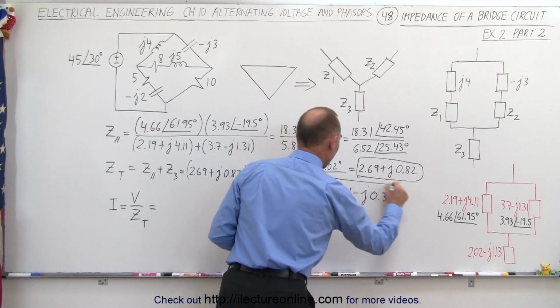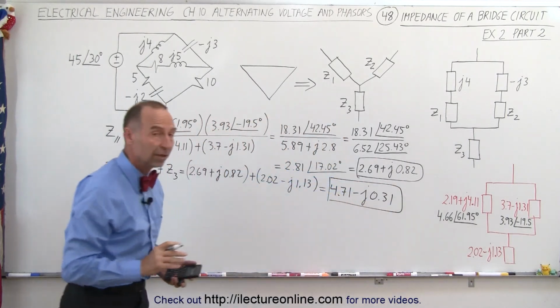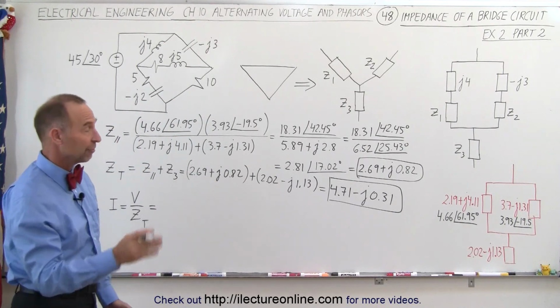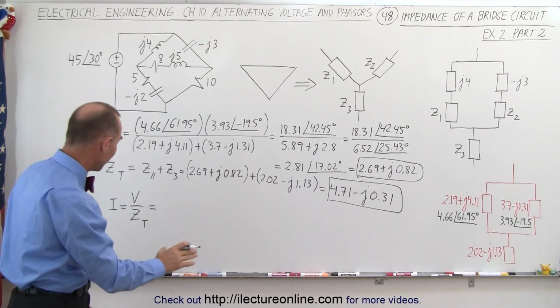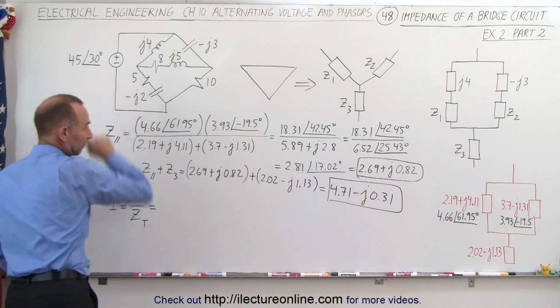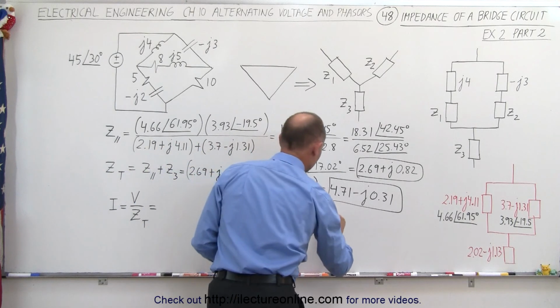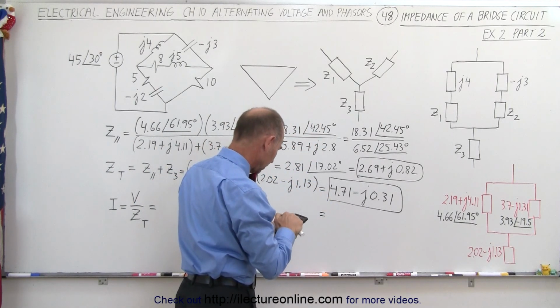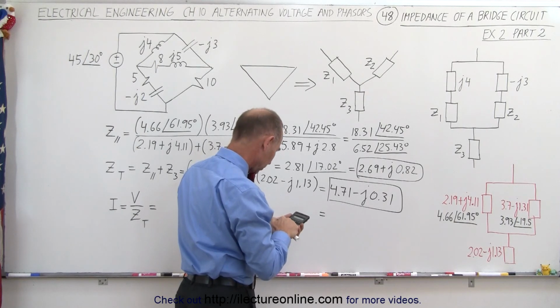So now we have the total impedance, but we have it in the real and imaginary part format. Now we have to convert that into the magnitude and phase angle so we can divide that into our voltage. Our voltage is given right here. So when we do that, this is equal to, magnitude-wise, 4.71 squared plus 0.31 squared.